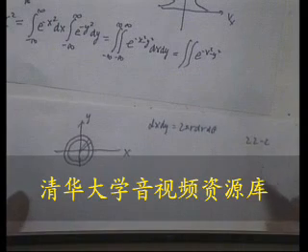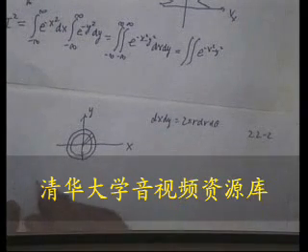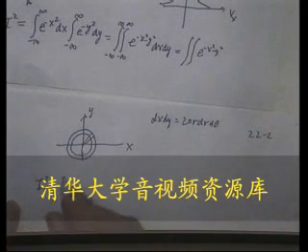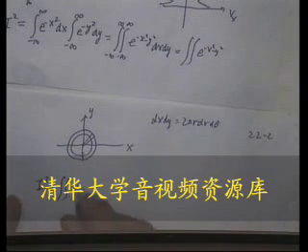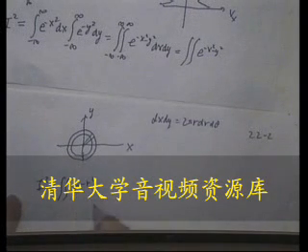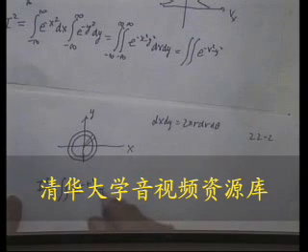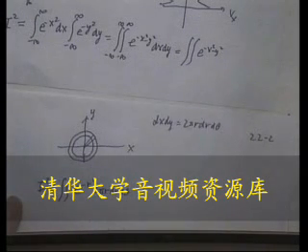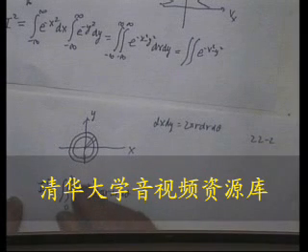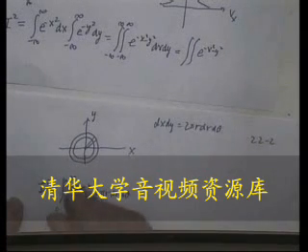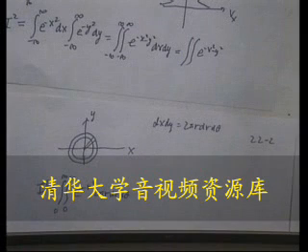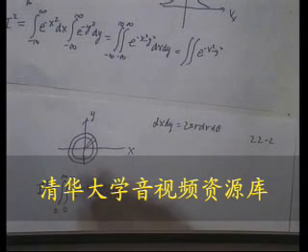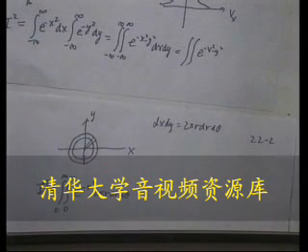So I squared is equal to the integral of e to the minus r squared, r dr d theta, with theta from 0 to 2 pi, r from 0 to infinity.